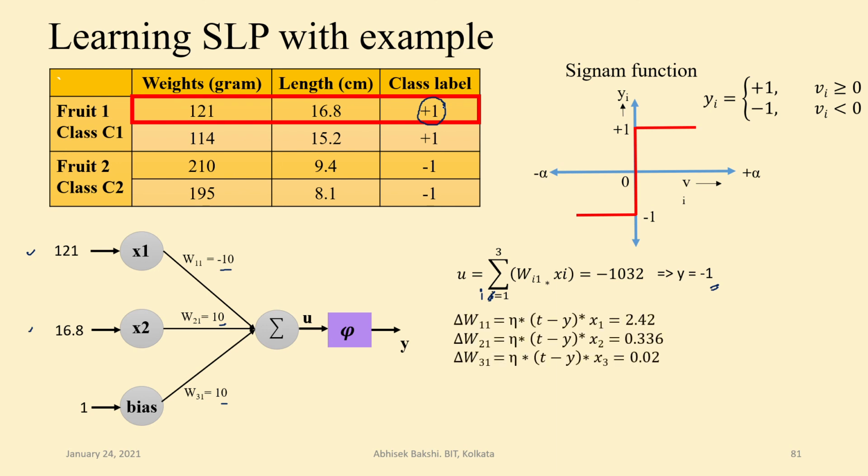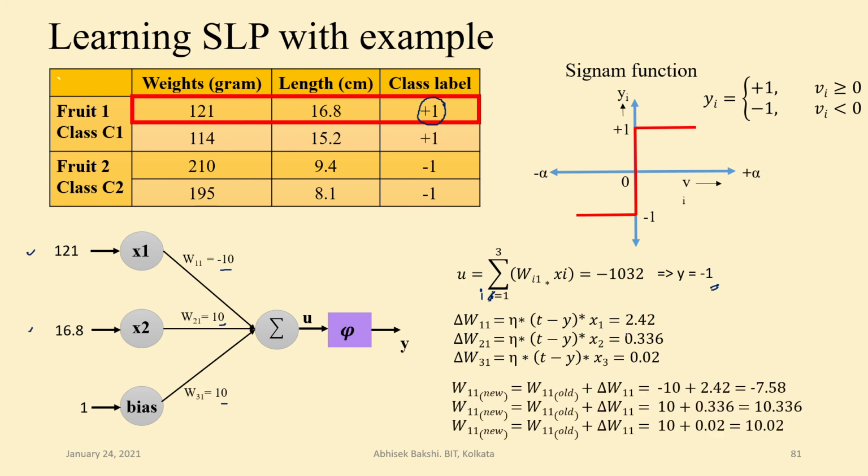If you continue, find the error and calculate, we know the exact formulation of del wij, which we have seen in my previous slide. That's why I have directly written it, considering eta as some value. I cannot remember right now what eta I considered, maybe 0.1 or 0.01, and then del wij is nothing but this.